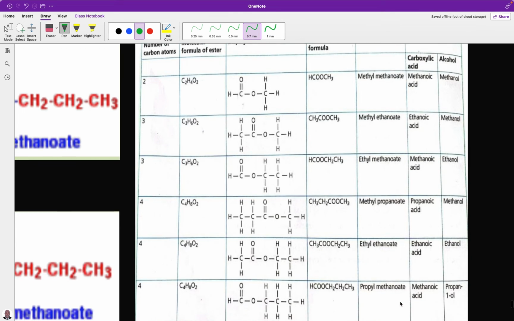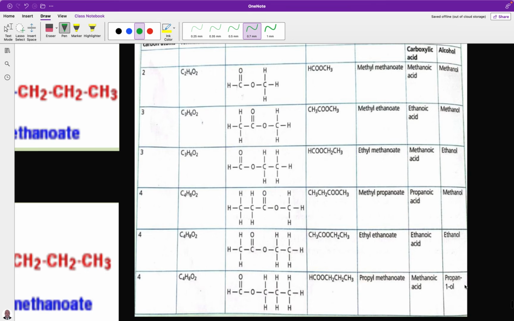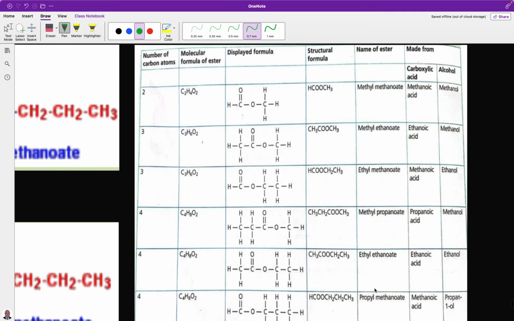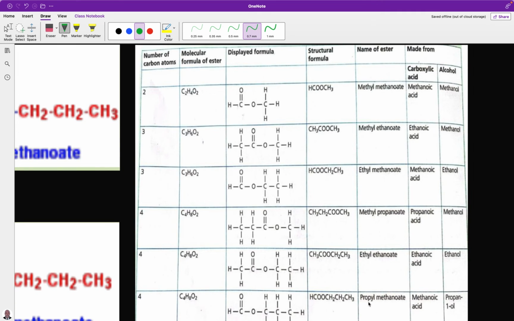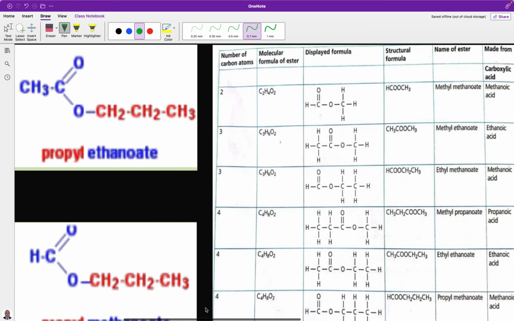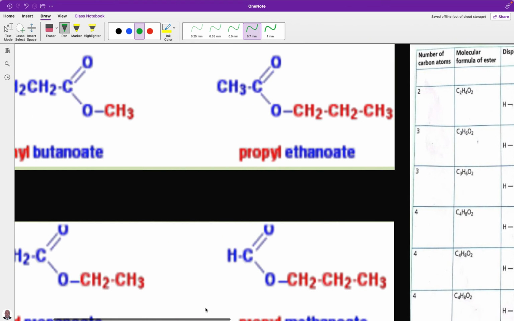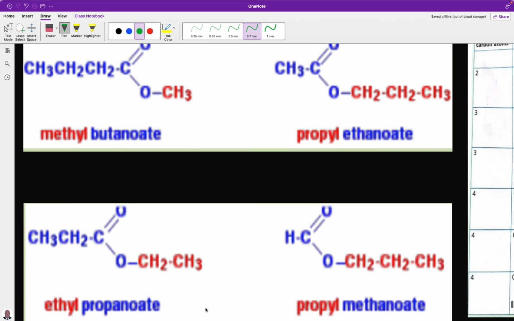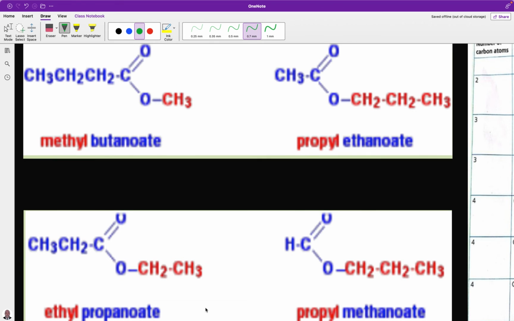And finally, when you have propan-1-ol reacting with methanoic acid, the ester formed would be propyl methanoate, and this is the structural formula, the displayed formula, and the molecular formula. So learners, if you go through this several times and understand it, it will be easy for you to understand esters.